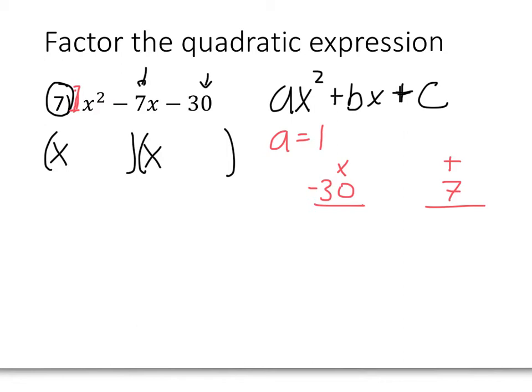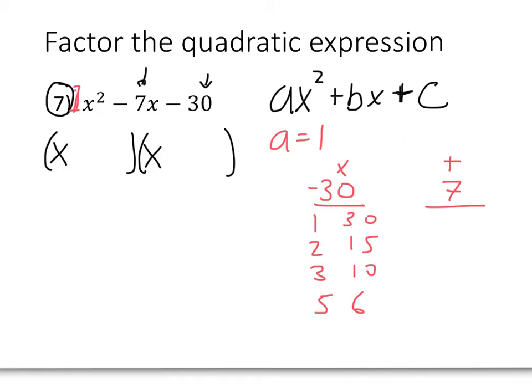Let me just go through this, and I think it'll become clear to you. So the factors of 30: 1 and 30, 2 and 15, 3 and 10, 5 and 6. So I'm going to go through this list, these pairs of factors, and I'm asking myself which pair is going to produce a 7.